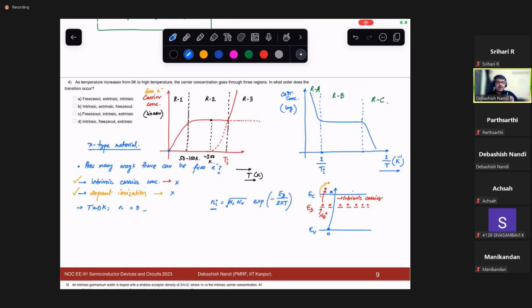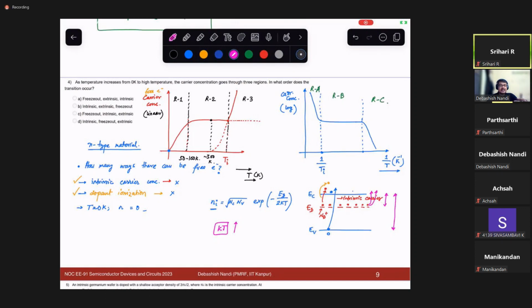Which energy is easier for the electron to overcome, this energy or this energy? The energy between ED and EC is easier than between EV and EC, right? So if I start increasing my temperature, or kT, after some increase of temperature, the donors start to get ionized first. Is that okay? Yes, sir.